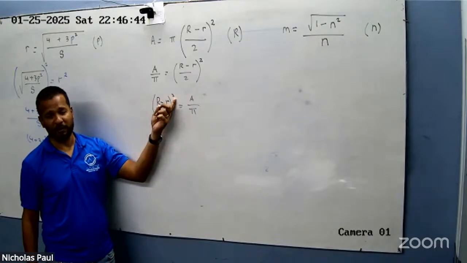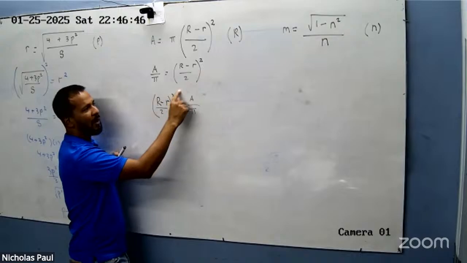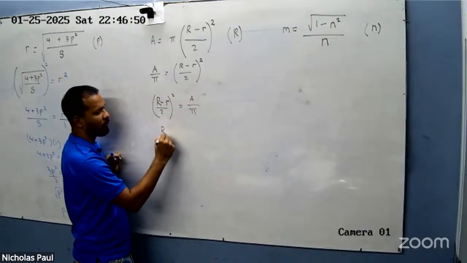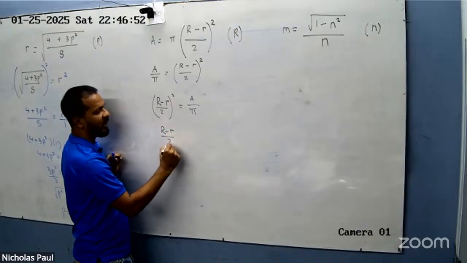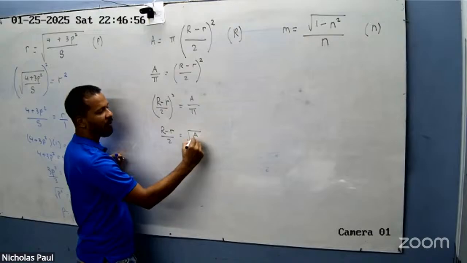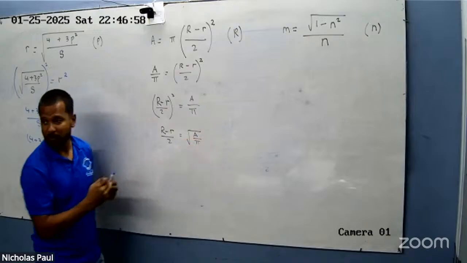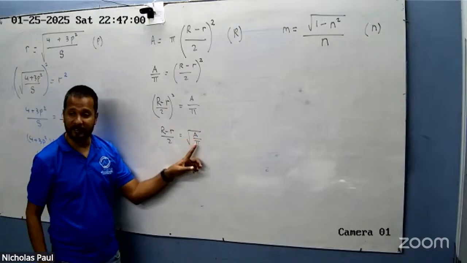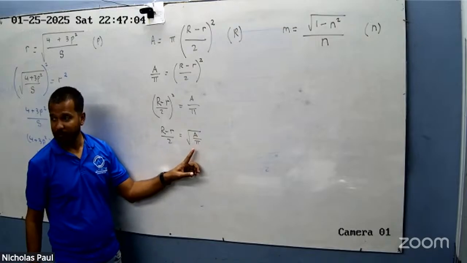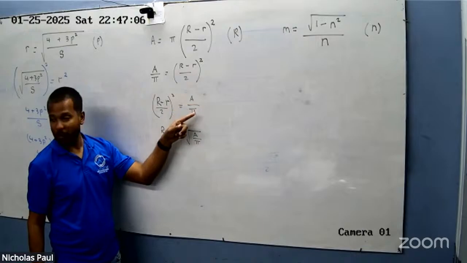We can't cross multiply. But when I move the squared across, what would it become? Square root, right? So I'm going to get rid of the squared first, and it will become the square root of a over pi. Remember that the whole thing is being square rooted.